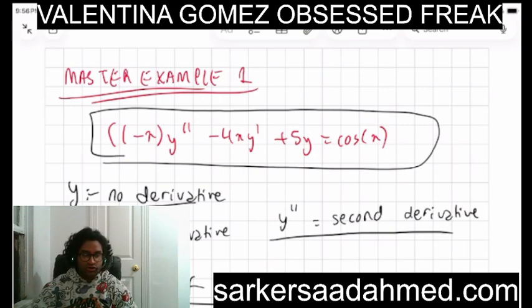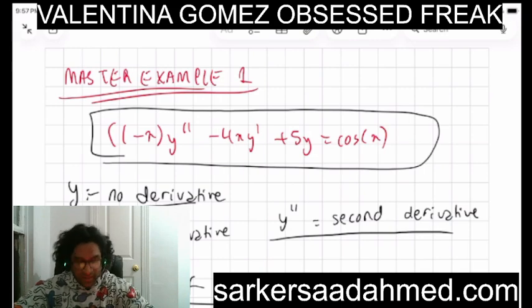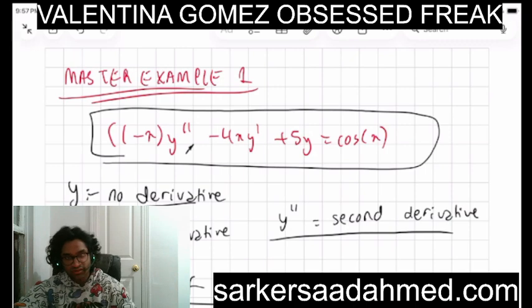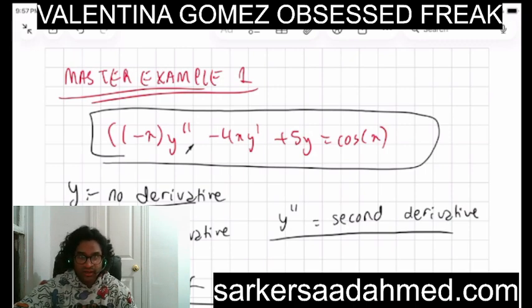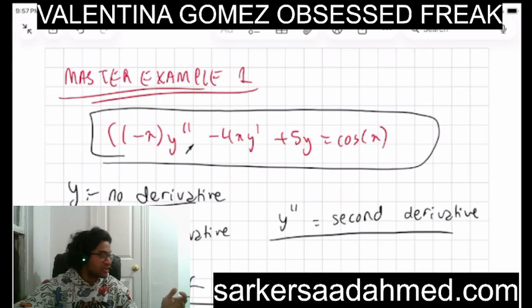We know that the order of derivative focuses on the highest order derivative, meaning if it's a second order derivative, then they will focus on the second order derivative. Like for example, this here is a second order derivative because you can see that the highest order derivative is 2. It pretty much makes sense.